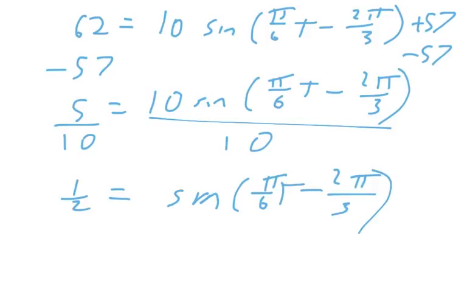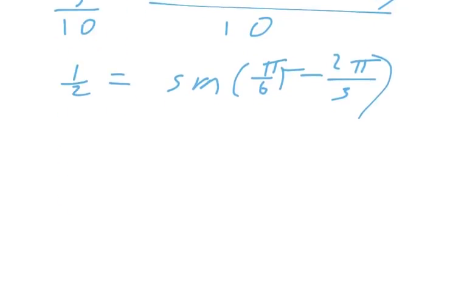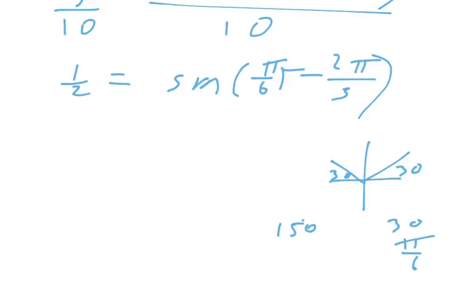Alright, so where's the sine equal to 1/2? Quadrant number 1 and quadrant number 2. And that's going to be 30 degrees, and that's going to be 30 degrees, which means really we have 30 degrees and 150 degrees. When I change this to radians, that's going to be pi over 6 and 5 pi over 6.